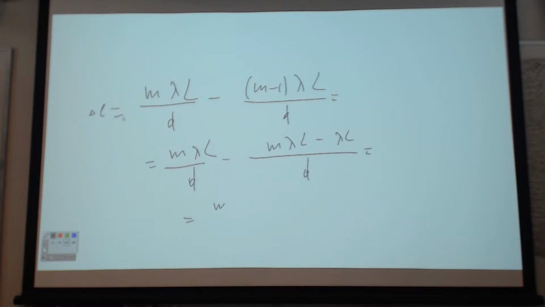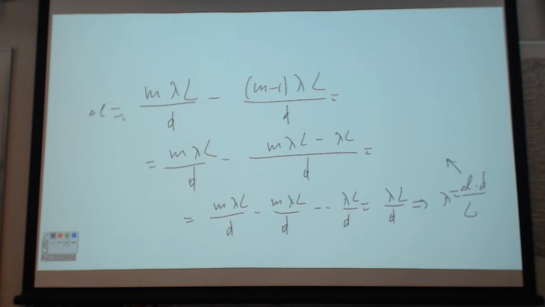It would cancel, and lambda L would cancel out. So what's left is just lambda L over d. Yes, that's what you need to use, because you're looking for the wavelength, which is delta L times d over L.